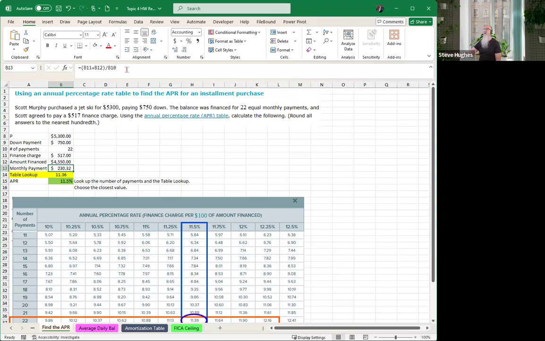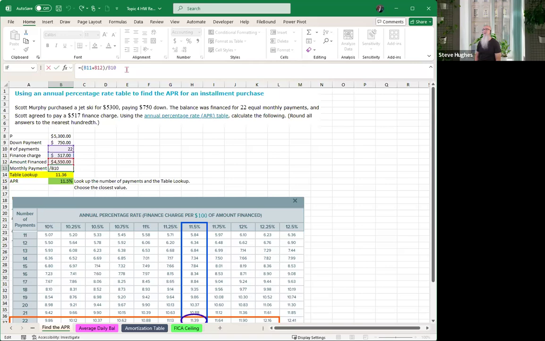All right, next, we want to look at the monthly payment. So how do I calculate that? First thing I must do is add the amount financed plus the amount of the finance charge, and then divide that sum by the number of payments. You can see my formula.